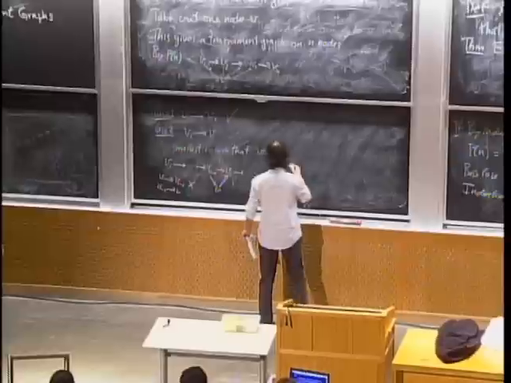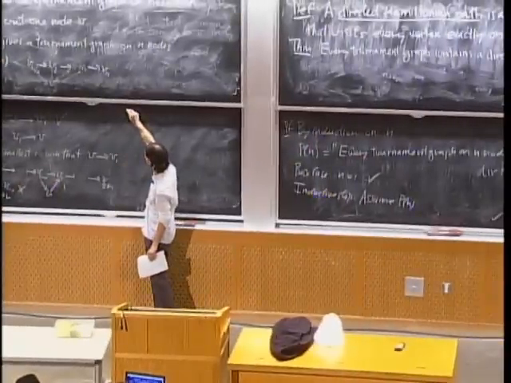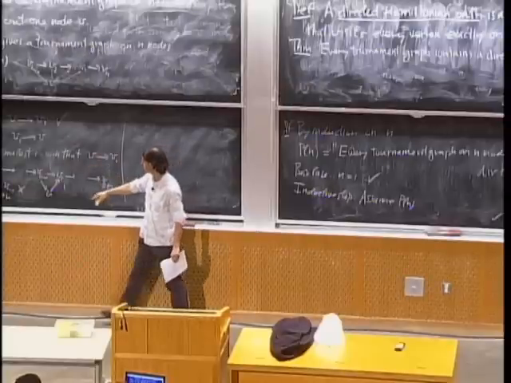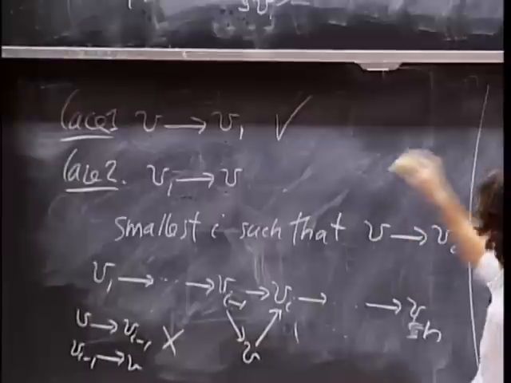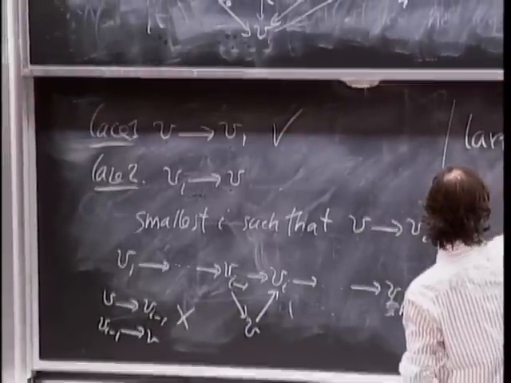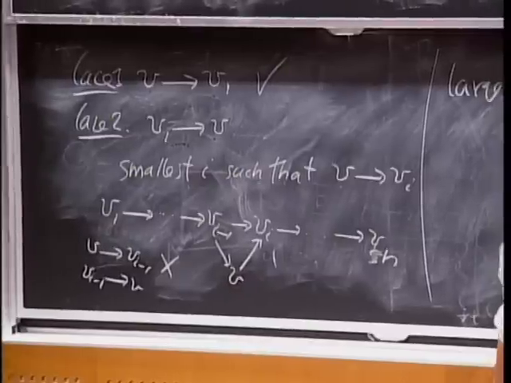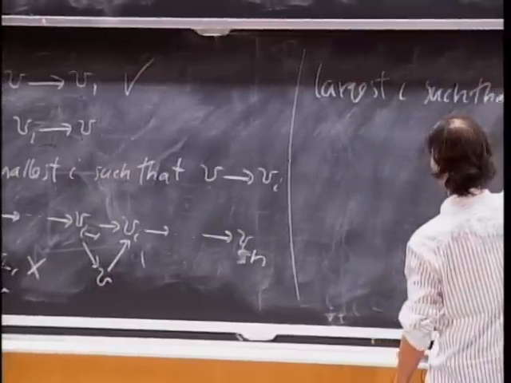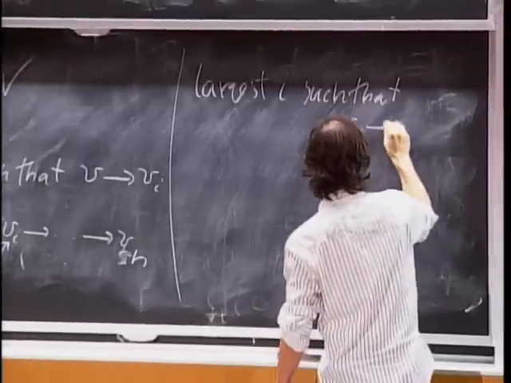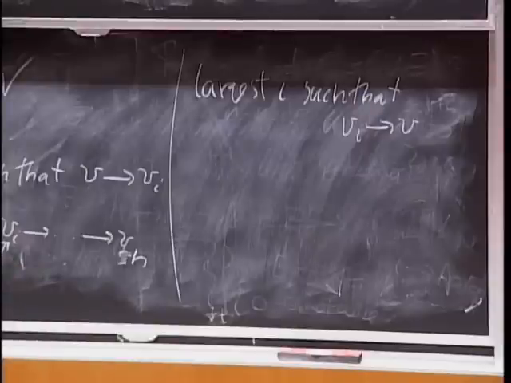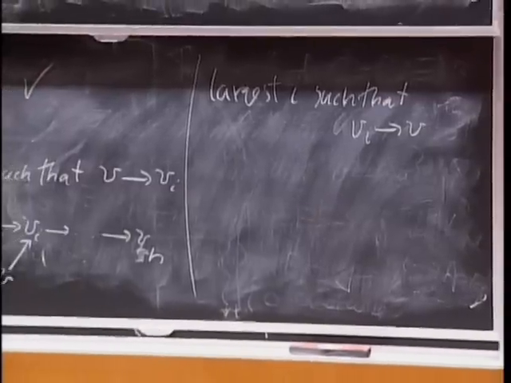Now another version could have been similar to this, but we could also have used the largest i, just something that you may want to look at. You can also use the largest i such that Vi beats V. We have a completely symmetrical argument here, but you could use this solution as well. I'm just trying to sketch the way of thinking that you may want to consider in these types of problems.